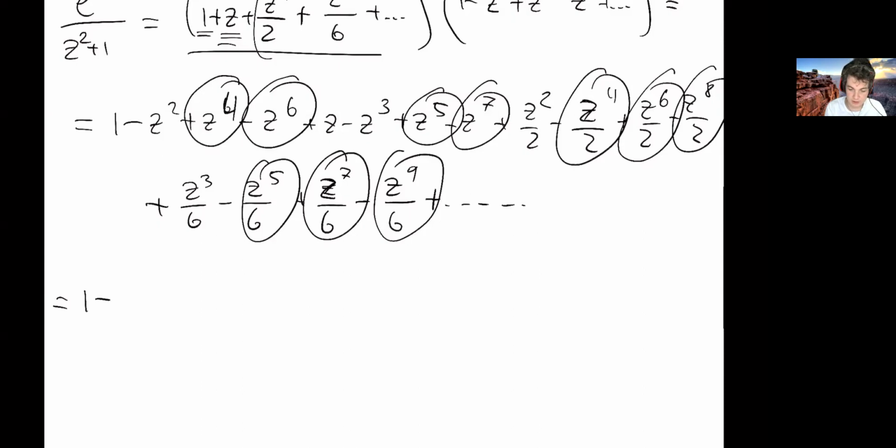So I have 1, I have plus z, I have minus z squared plus z squared over 2, which is minus z squared over 2, and then I have minus z cubed plus z cubed over 6, which is minus 5 z cubed over 6.